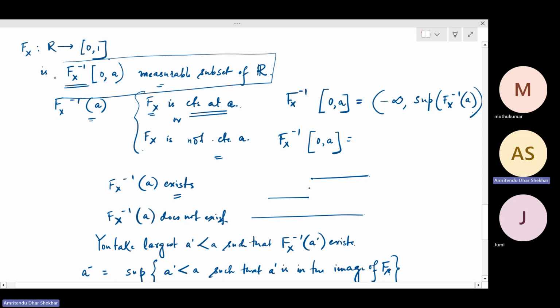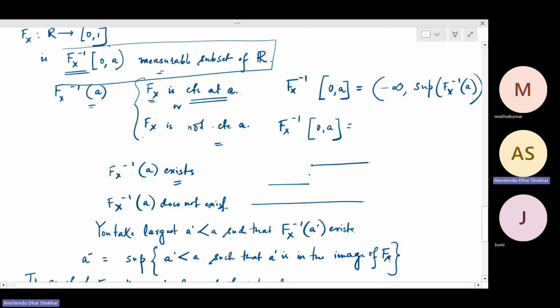And let's say this A is not in (0, 1), but if this A is outside (0, 1), then yeah, that's a good question.